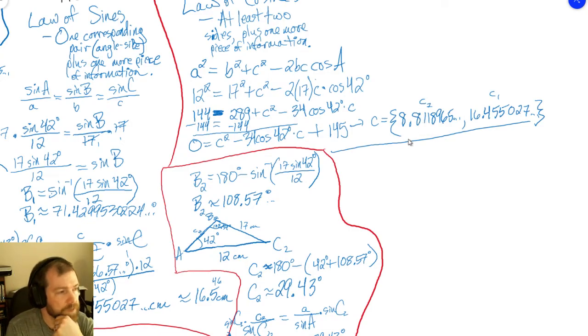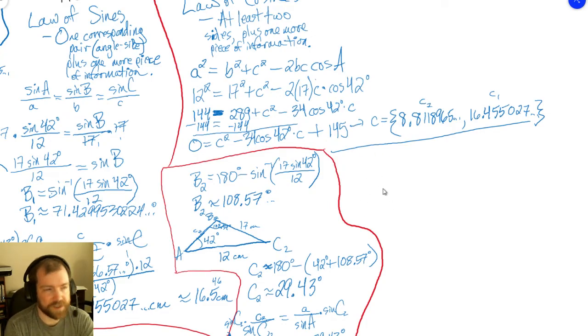So then from this perspective, we're finding these C values first, and then what do we do with them? Well, we're going to plug these back into the law of sines again. At least that's the way I'm doing it. You could, in theory, plug them back into the law of cosines again, and this time go for the cosine of B and/or cosine of C values that you want to get. That's fine.